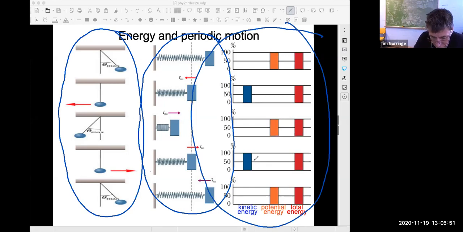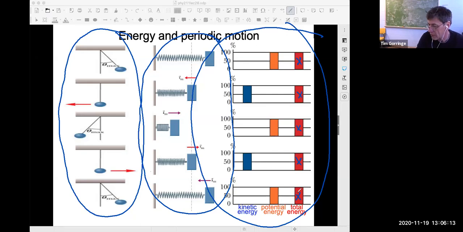So there's three different colored bars on this plot. There's red. And red represents the total energy of either the spring mass system or the string mass system. So it's the total energy.